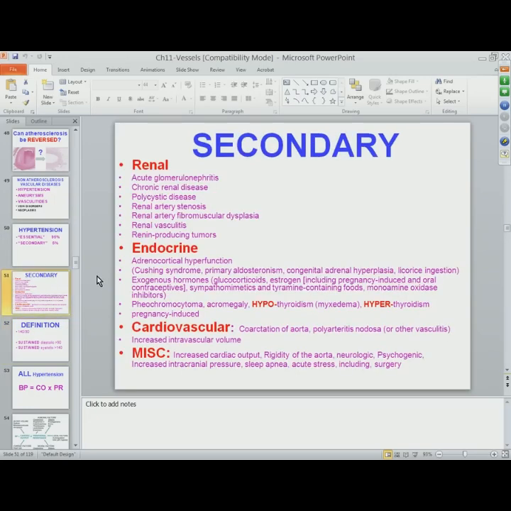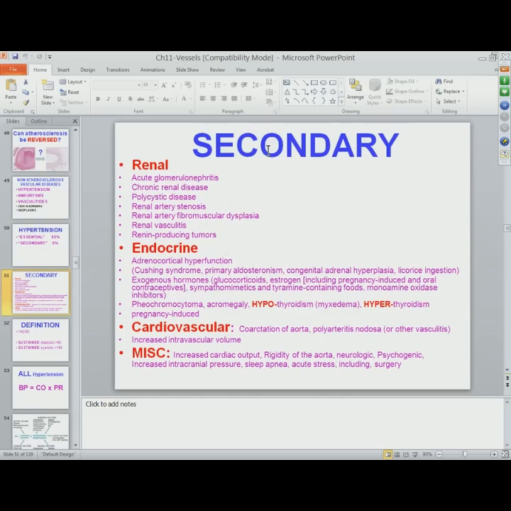The primary essential hypertensions are idiopathic. They're all tied in to the renin-angiotensin-aldosterone axis. And the secondary ones are either renal or endocrine or cardiovascular, even some miscellaneous anatomic things. But remember this.